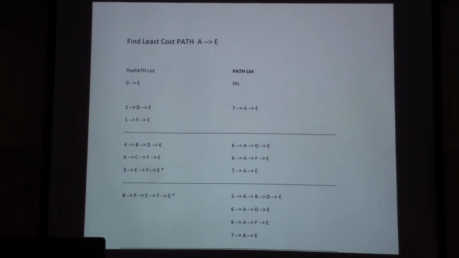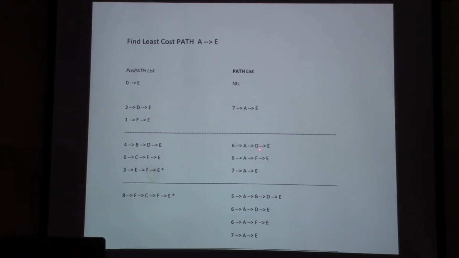So I have D to E. How can I get to D? I can get to D from B with a cost of 2. Because I had D to E at 2, therefore B to E is 4. That means B to D is going to be 2.